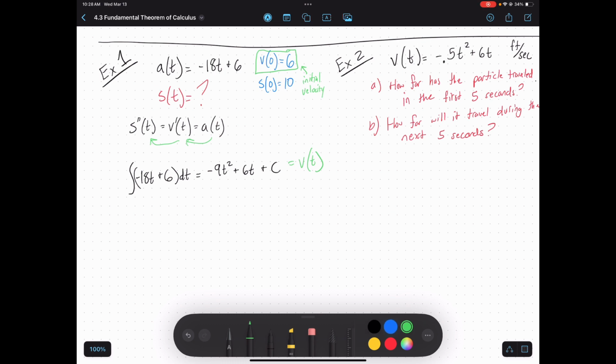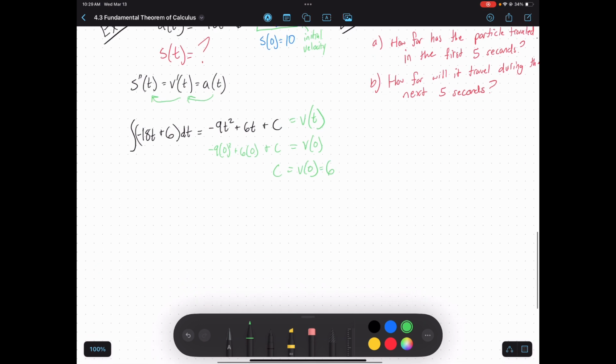So let's do that. What happens when I plug in 0? V of 0 gives me negative 9 times 0 squared plus 6 times 0. Both of those terms are just going to go to 0, and I'm left with c. And according to my initial condition, this needs to equal 6. So that leaves me with this velocity function: negative 9t squared plus 6t plus 6.